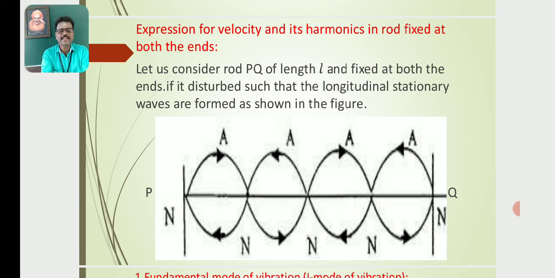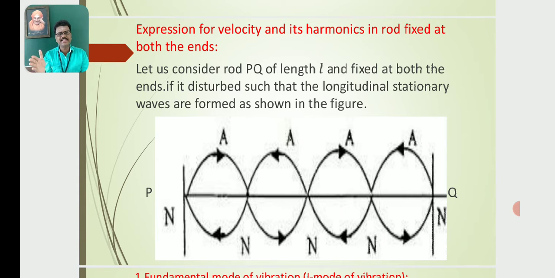Let us consider the rod PQ, or say MN, of length L, fixed at both the ends. If it is disturbed such that longitudinal stationary waves are formed as shown in the figure.